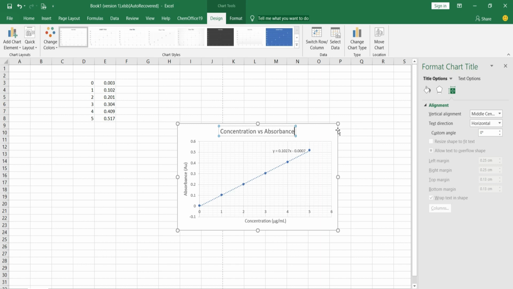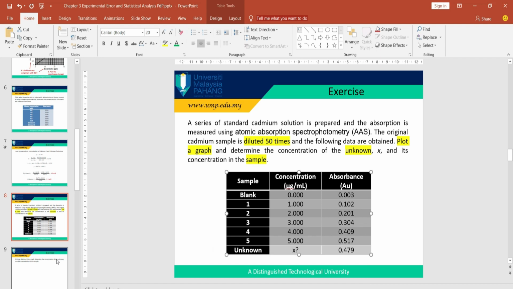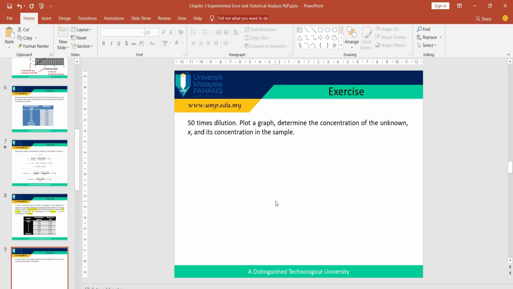Now you have the chart. You already plotted the graph, and I'm going to copy this one and paste it here.